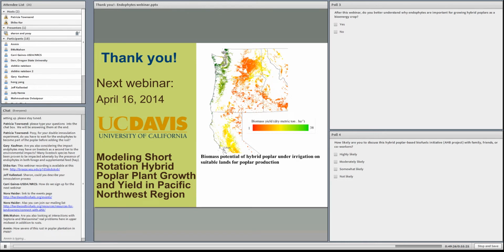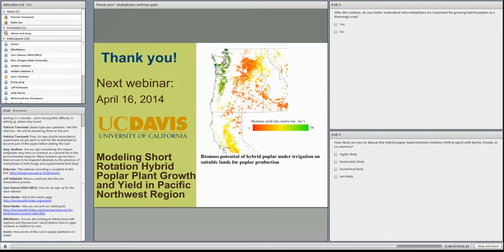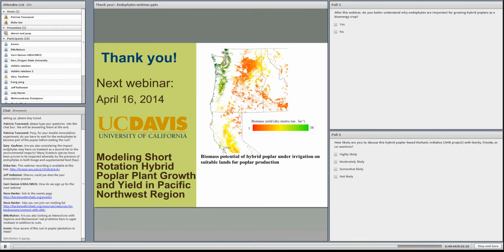As a result of that very damaging pathogen, poplar growers in the Pacific Northwest have actually tended to shift their poplar plants to hybrids that have complete resistance to all of these rust species.